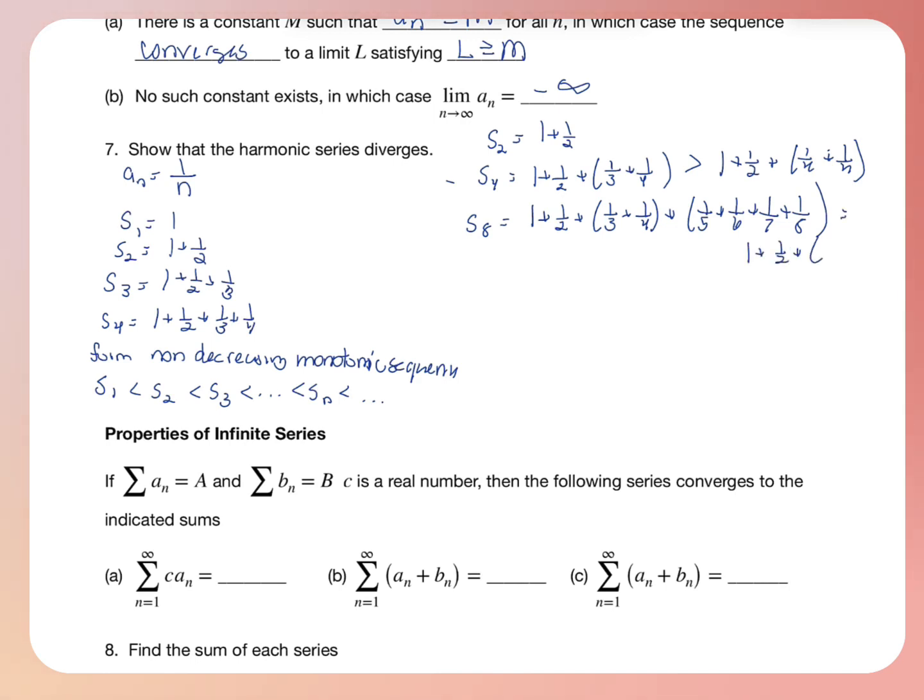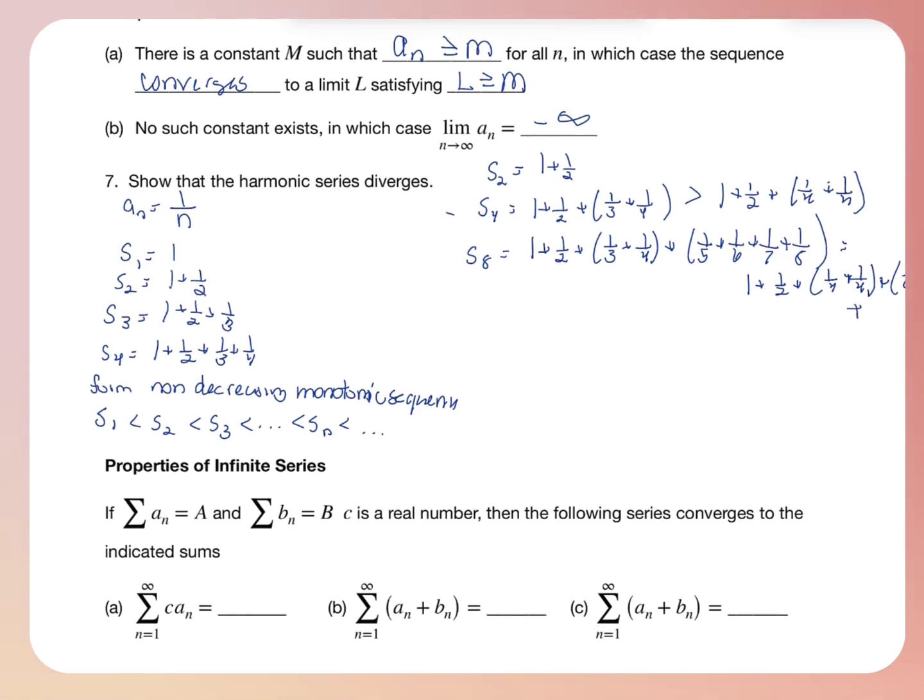Now I'm going to do the same thing on s of 8. For the 1/5, 1/6, 1/7, 1/8, I'm going to replace those all with 1/8. So it's 1/8 plus 1/8 plus 1/8 plus 1/8. That's 4/8, which is a half. So I'm adding a half again, just like 1/4 plus 1/4 was a half. So I'm adding a half each time. And so that's going to be less than my left-hand side, so my left-hand side is greater than that value.